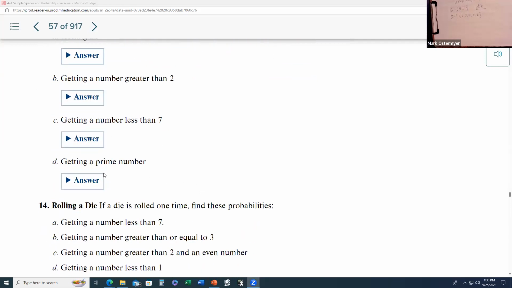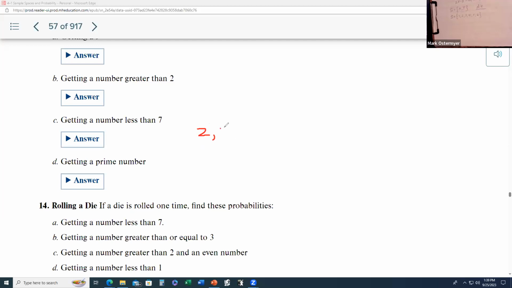What's the probability of rolling a prime number on a die? Well, first of all, what's a prime number? Because if we don't know what a prime number is, all bets are off. A prime number, ladies and gentlemen, is a whole number greater than 1 that is divisible only by 1 and itself. So what are some prime numbers? 2 is a prime number, divisible only by 1 and 2.